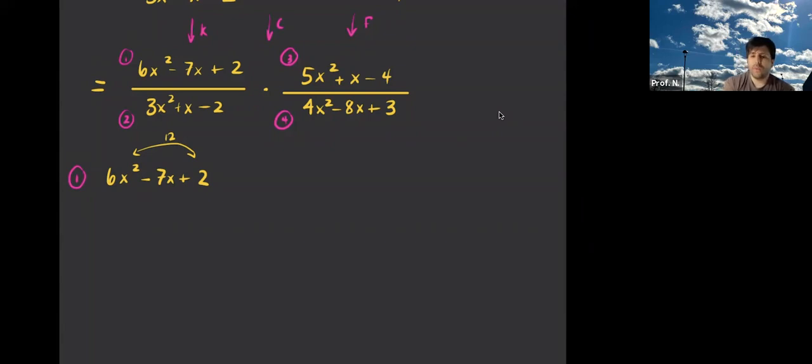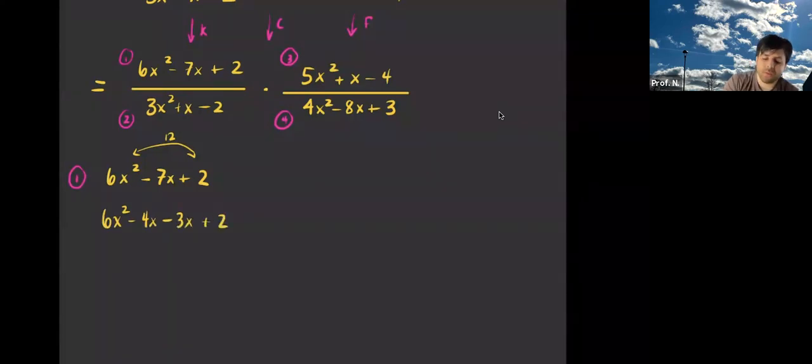What multiplies to 12 but adds to -7? And Samir says correctly, -4x, -3x. Good. So then this becomes 6x squared minus 4x minus 3x plus 2, right?